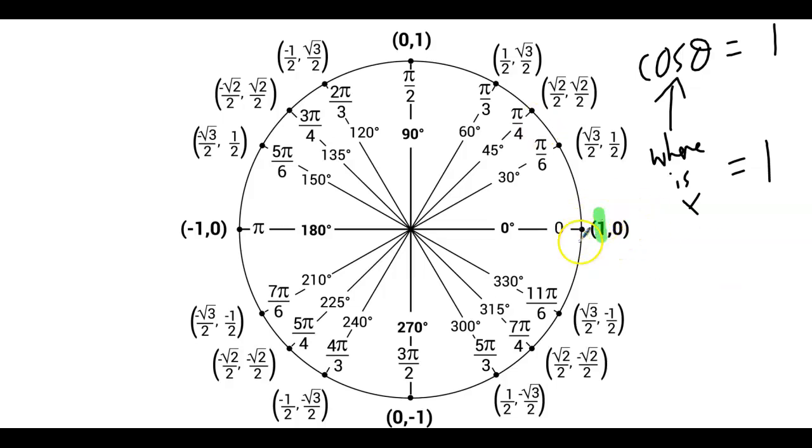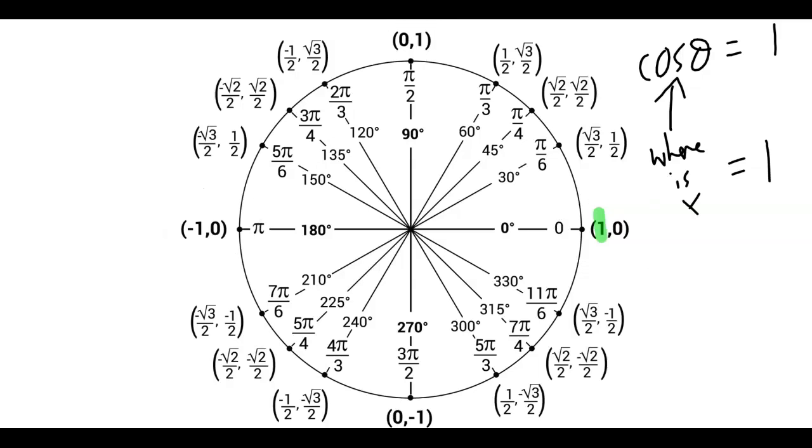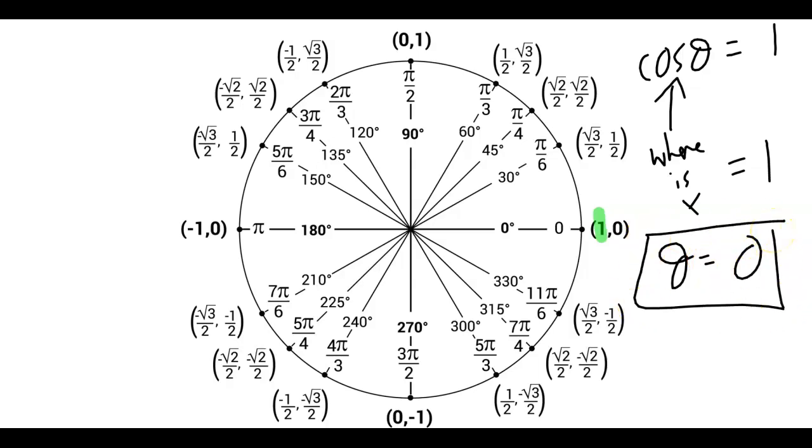So as you guys can see, there's only one answer this time. Usually there's been two every time. And that's going to happen anytime you have an answer that's here, or here, or here, or here. You're only going to get one answer anytime your angle is on the axis. So I only have one answer here. The answer is 0. And we just have to put 0 this time. I don't have to put 0 degrees and 0 radians. 0 works for both. So I'll just put theta equals 0.